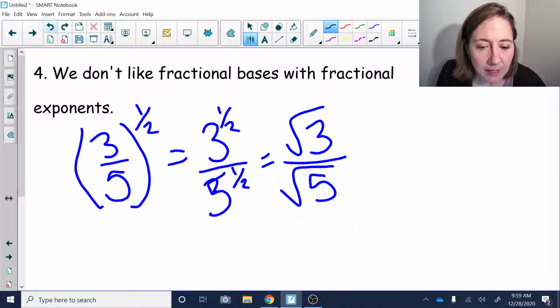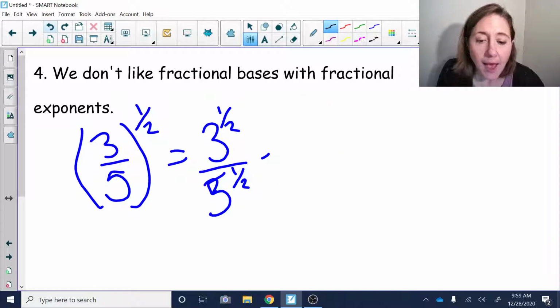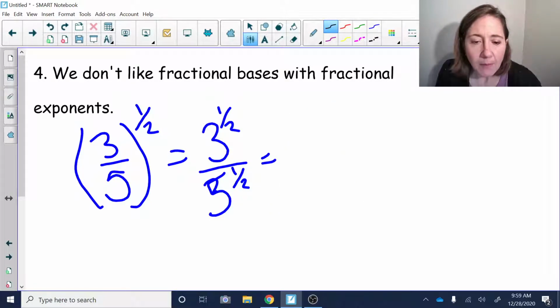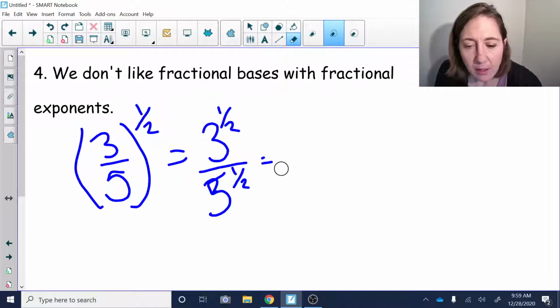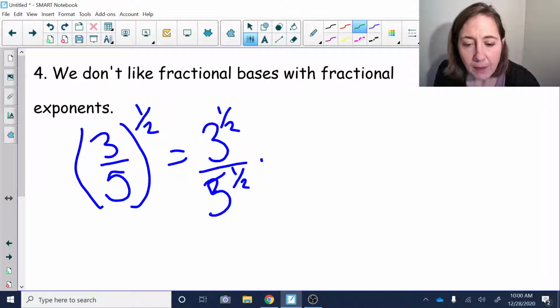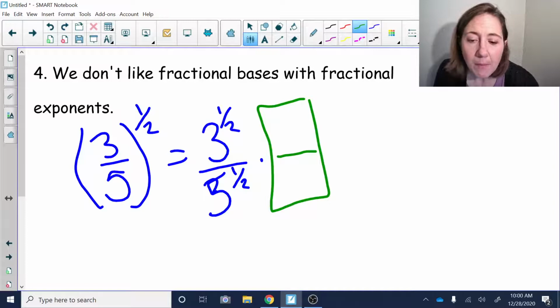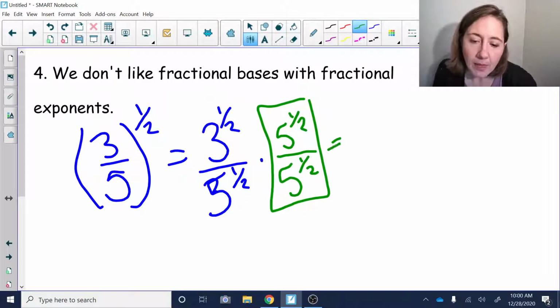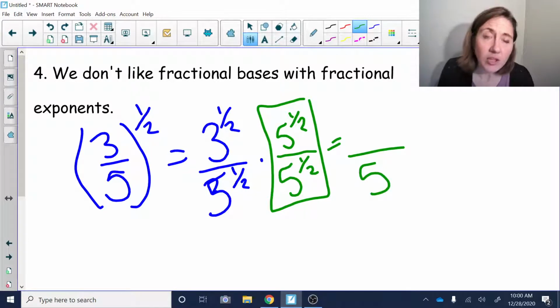So here, let me get rid of some of this extra writing that I have. So I'm going to multiply top and bottom of this fraction here, gotta be fair, top and bottom, by a 5 to the 1/2 power. That would be, in my denominator, 5 to the first, because you would add those exponents. 1/2 plus 1/2 would be 1.